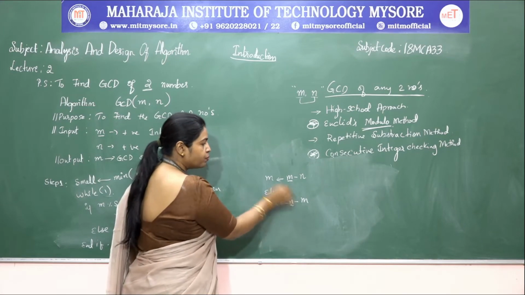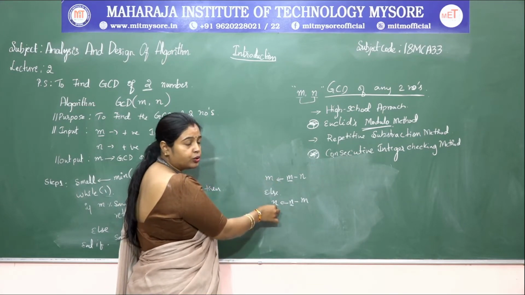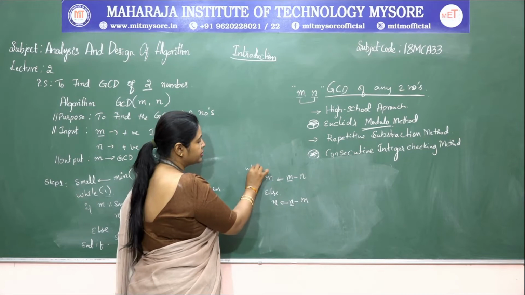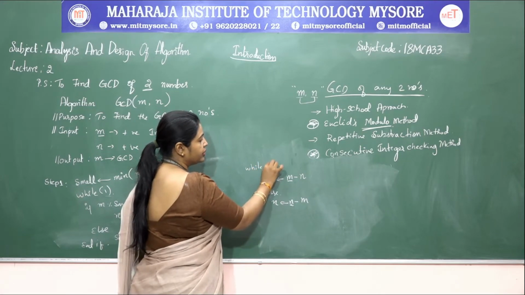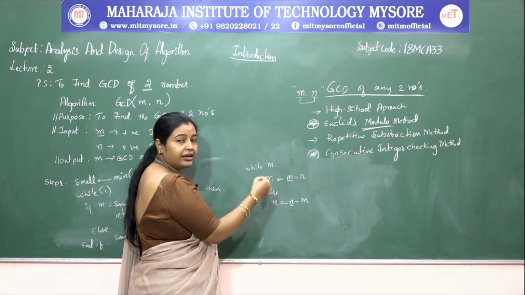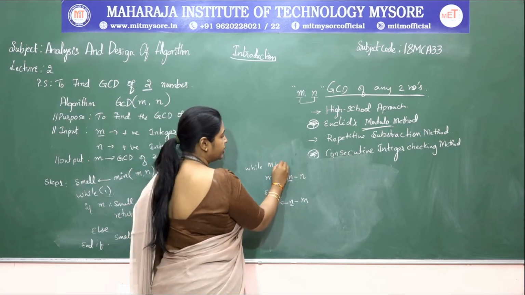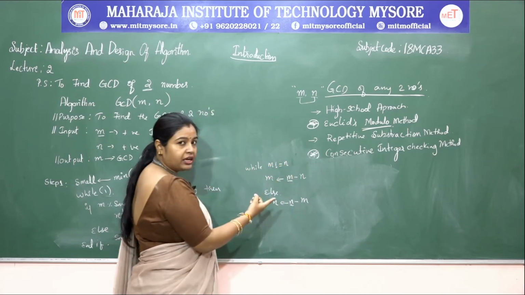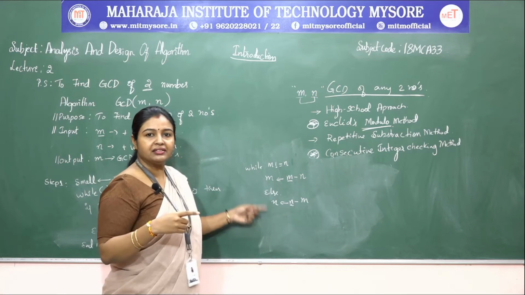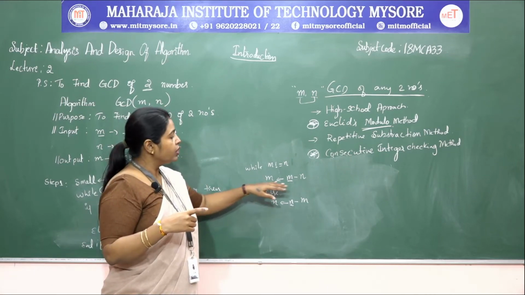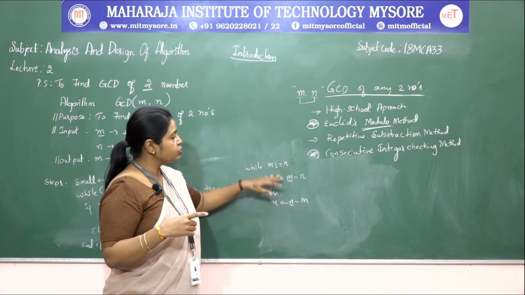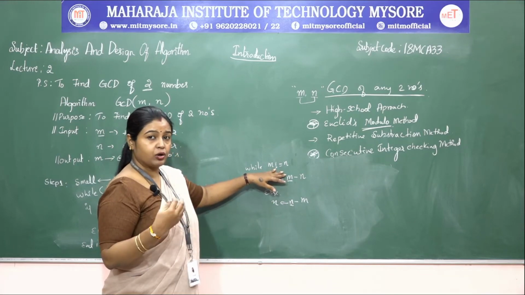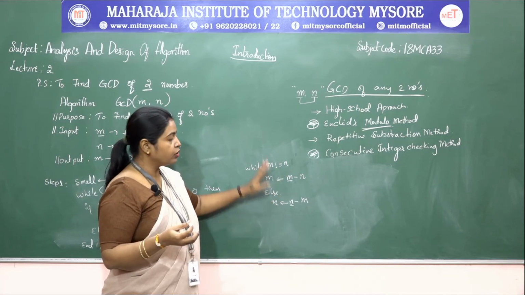This process will be continued unless m and n are equal. That is, unless m and n are equal, we need to repeat the subtraction. So once you do the subtraction, you need to keep on doing this operation.